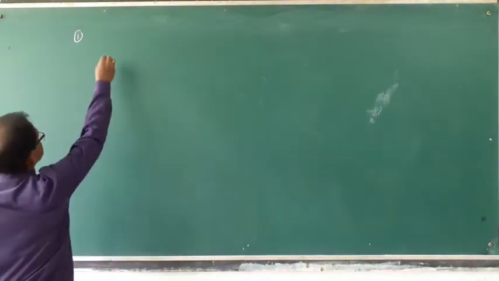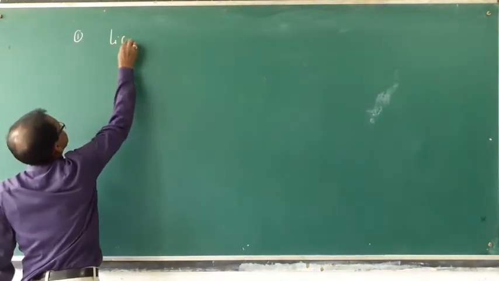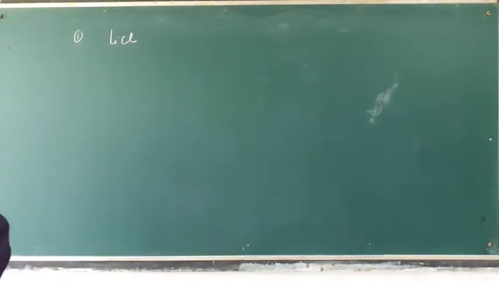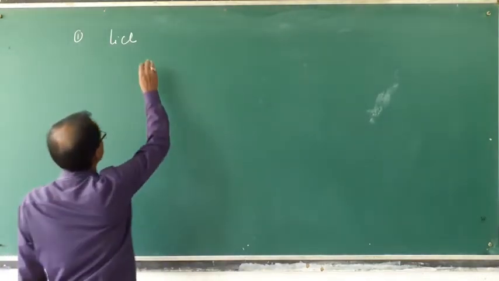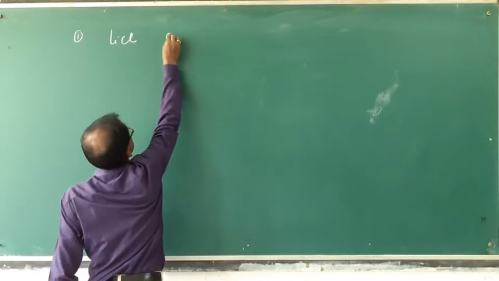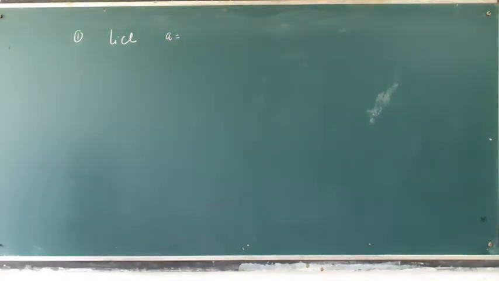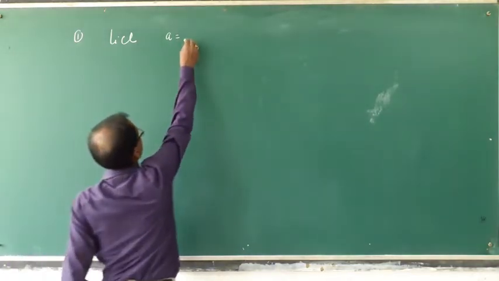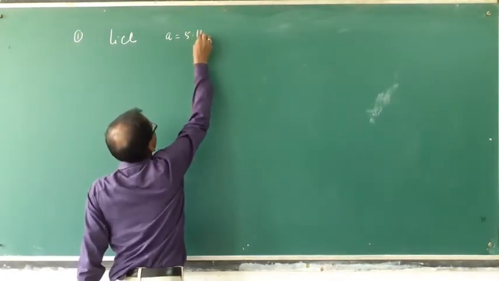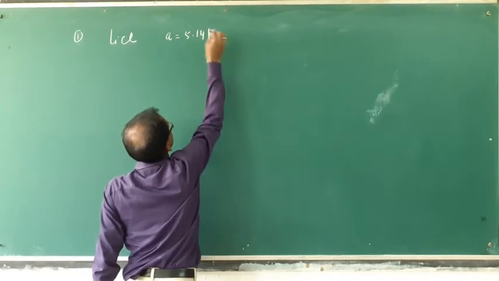Lithium chloride crystal, it has edge length given. How much? Edge length of this crystal is 5.14 picometer. This much given.